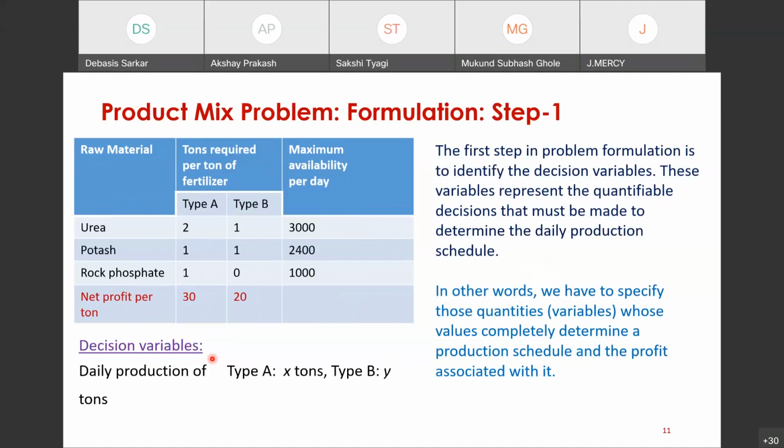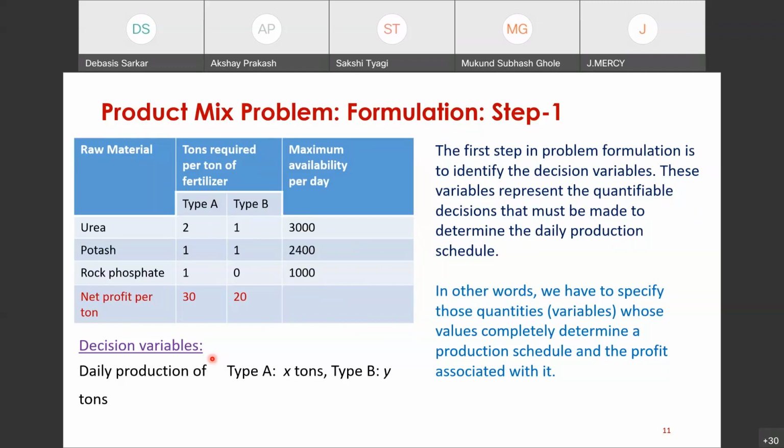So the first step, step 1, is the choice of decision variables. We need to identify the decision variables. Here the decision variables are quite obvious to choose. We have to find out the production schedule, which means how much of type A fertilizer we will produce and how much of type B fertilizer we will produce.